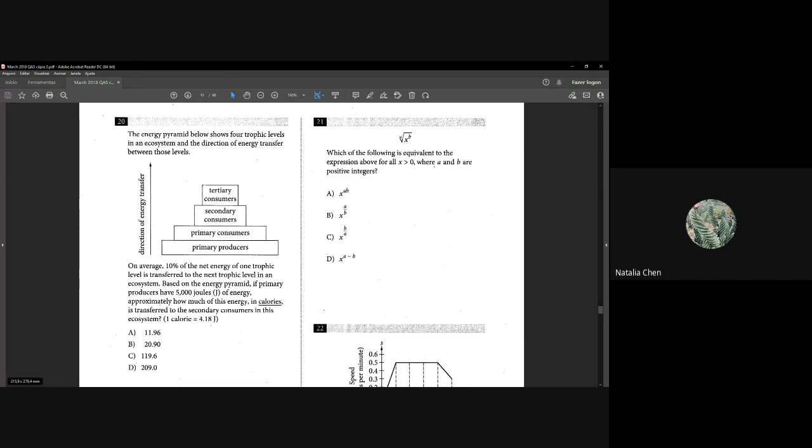Que enunciadinho, hein? Fim da prova. 10% of the net energy of one trophic level is transferred to the next one. Então, só é 10 a menos. Isso. 10% a menos. Então, seria 5.000 vezes 0,9.